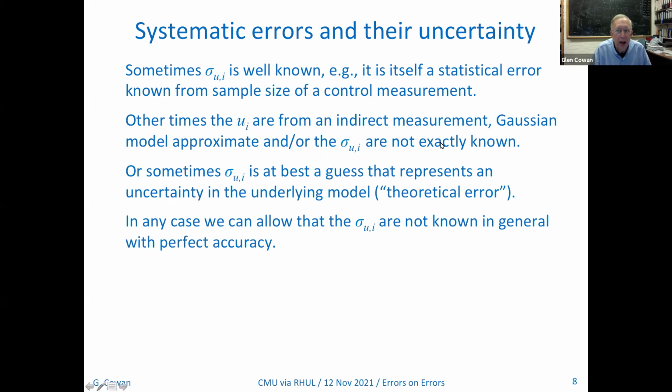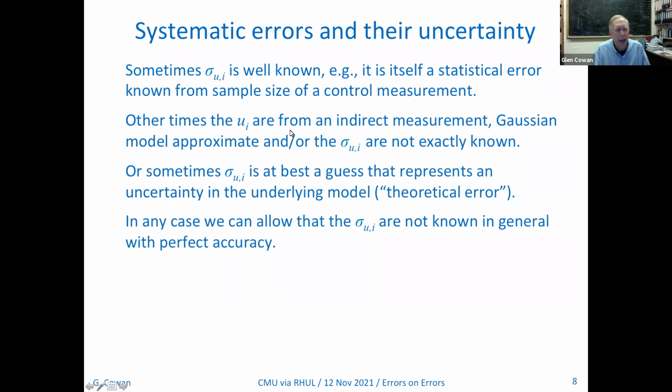All right, so let me just make a few more comments on when and under what circumstances the sigma u's could be uncertain. Sometimes the control measurement is a separate measurement, and the sigma u reflects a standard deviation related to the sample size of the control measurement. Now, if that's the case, then the sigma u itself is probably quite well estimated, and this whole thing is not really relevant.